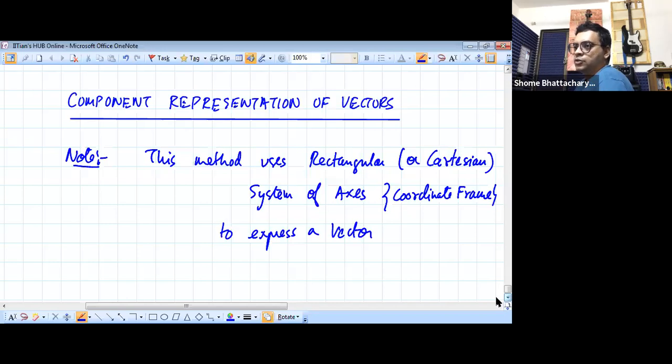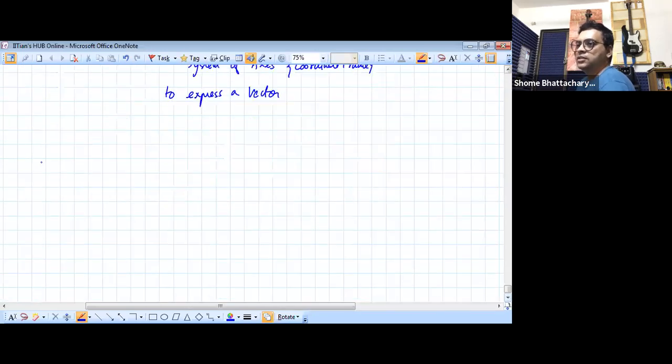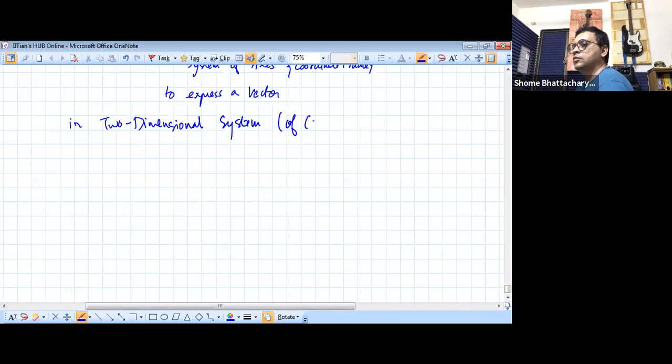Okay. So what we do in component representation is, we first start with the two-dimensional method. In two-dimensional component system, two-dimensional का मतलब क्या?